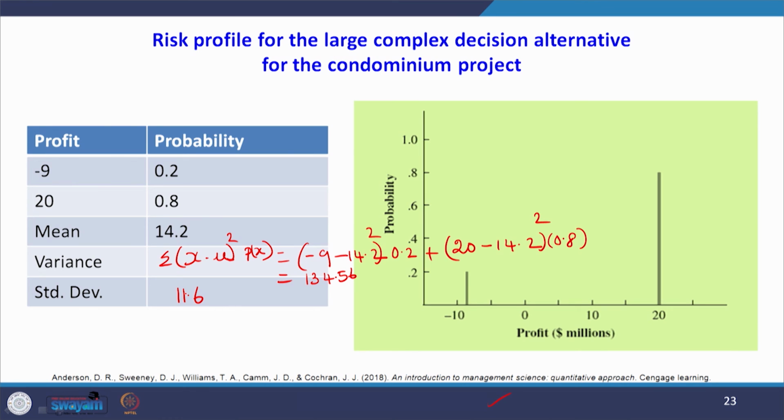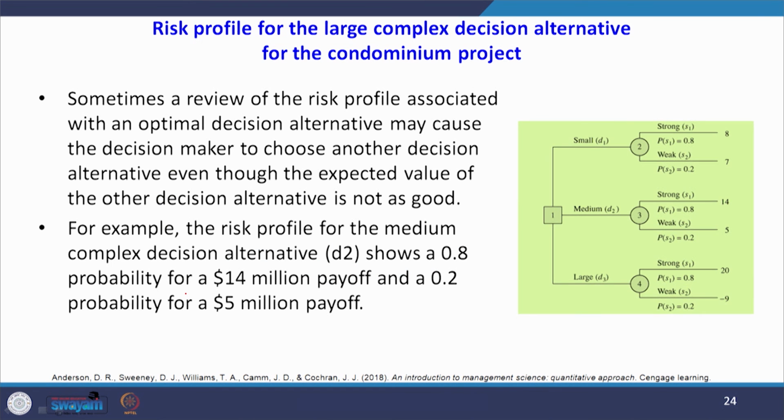So, students, if we quantify the risk of taking this decision, that is 11.6. Sometimes a review of the risk profile associated with the optimal decision alternative may cause the decision maker to choose another decision alternative, even though the expected value of the decision alternative is not as good.